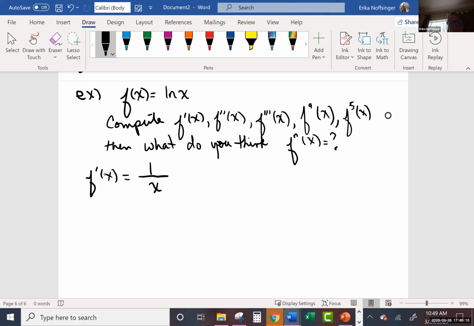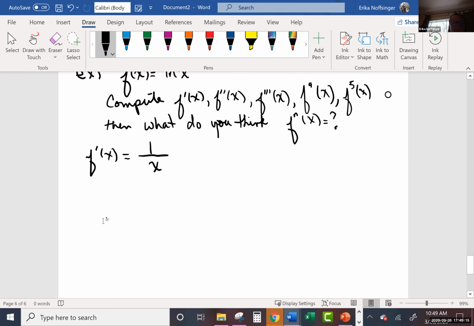The derivative of x is just 1. So we could rewrite this as x raised to the negative 1 power. So when we take the second derivative, we bring down our power, and we get negative 1 times x raised to the negative 2 power.